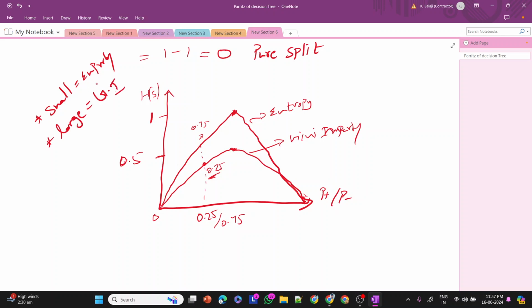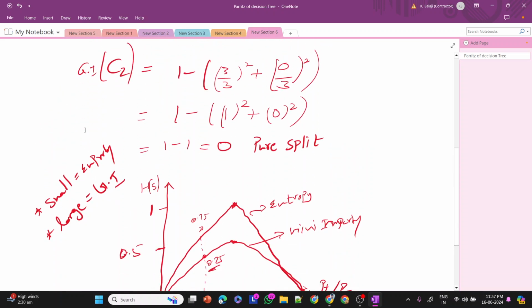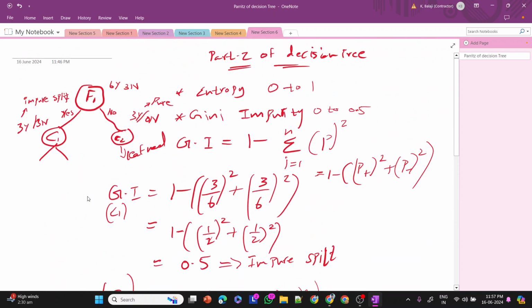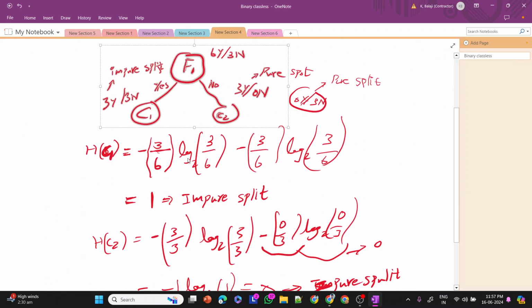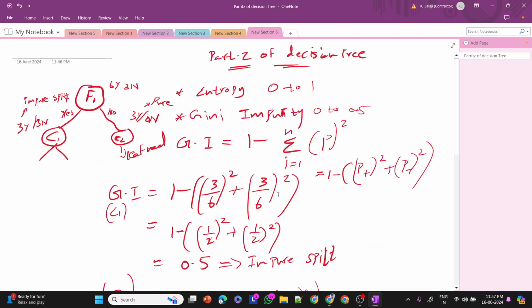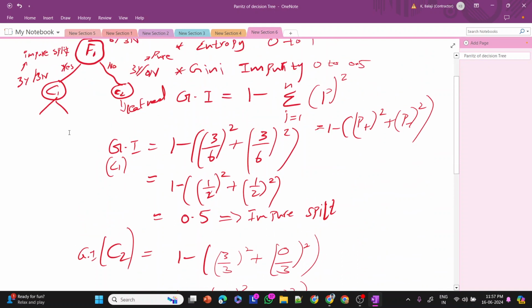Why? Because in entropy we have a log function, and computing a log for a value takes more processing compared to summation. So mostly we will use Gini impurity whenever we check whether nodes are pure or impure.